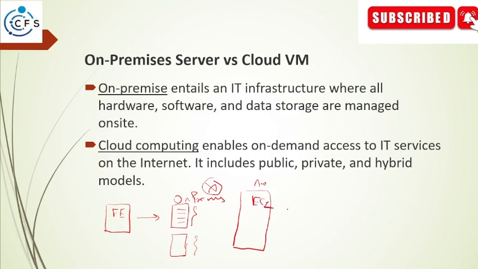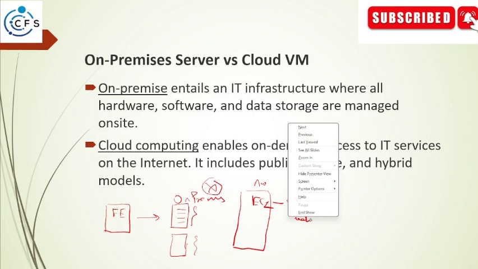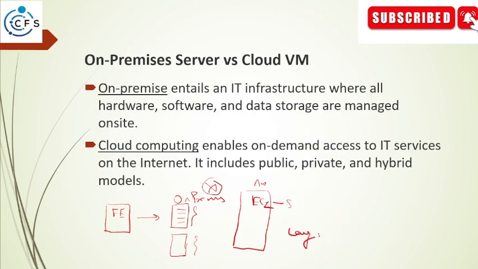EC2 has different server sizes: small, then medium, then large. Each server has its own RAM and other resources based on the need. So it gives us the freedom to select small, medium, or large.